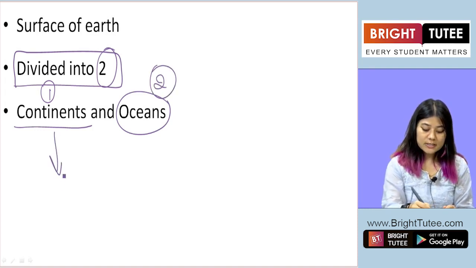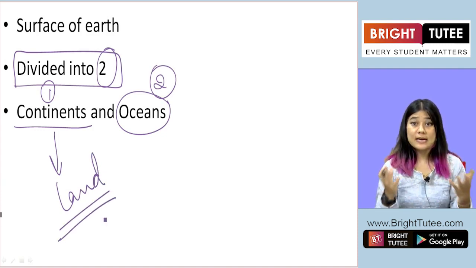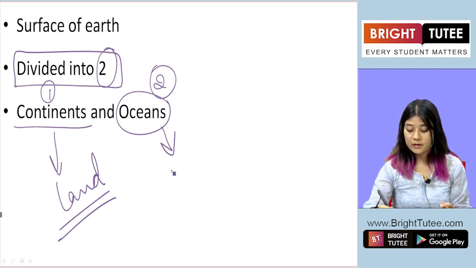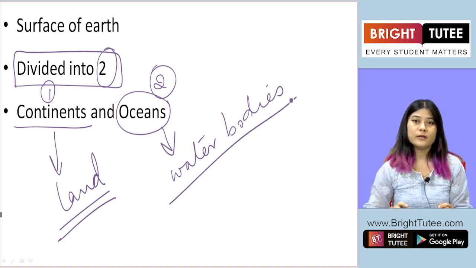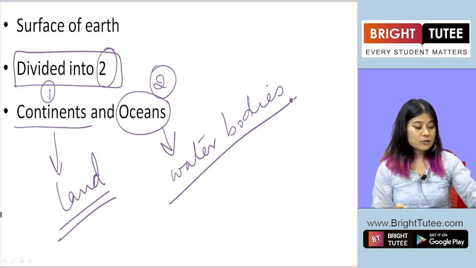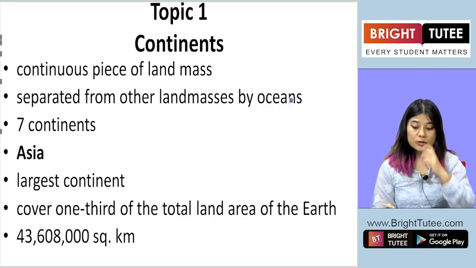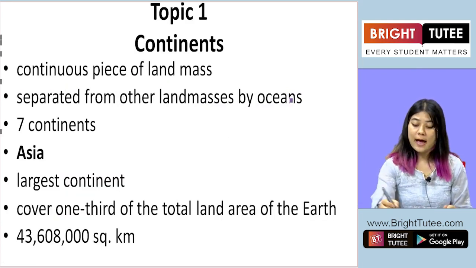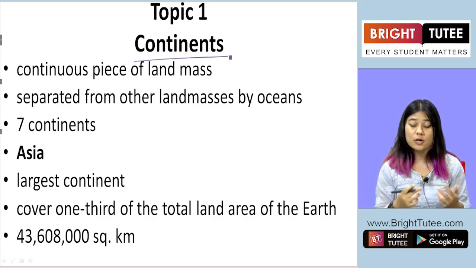Okay, so continents basically comprise the landmass, and oceans comprise the water bodies. Alright, so land and water both come together to form the earth. Alright, so let's look at these two divisions in detail. So in the topic 1, we'll look at continents, and in the following topic, we'll look at the oceans.